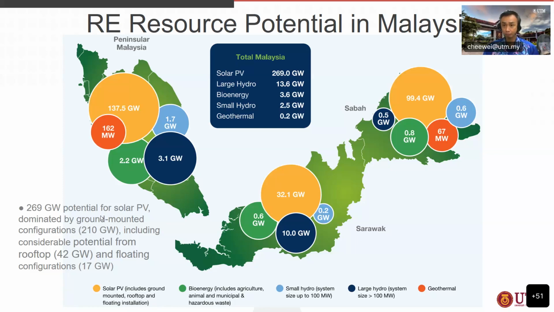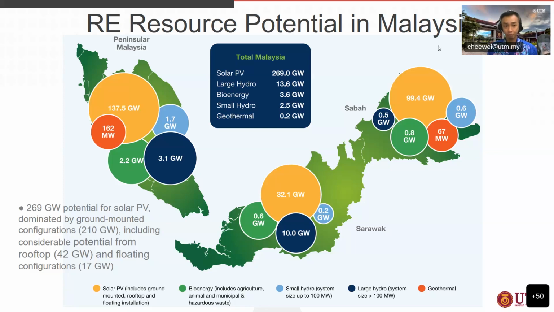Why is that? Does anyone know why we have a lot of solar potential in Malaysia? Again, quickly, please. Anyone? There is a lot of free land to install solar. Is it because of land that PV is highly potential for installation?